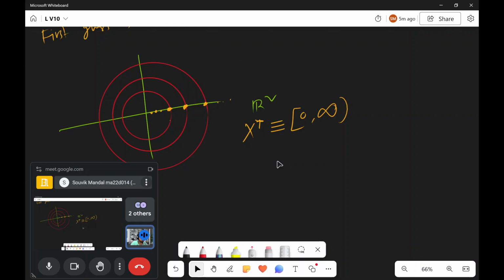Now you need to prove that this is indeed the case. So try to figure this out, or try to show that [0, infinity) is homeomorphic to X star, and use the universal property.